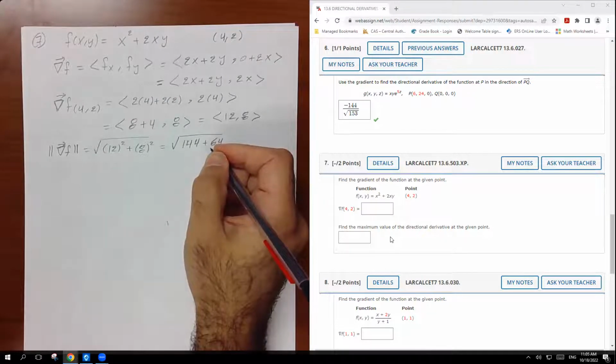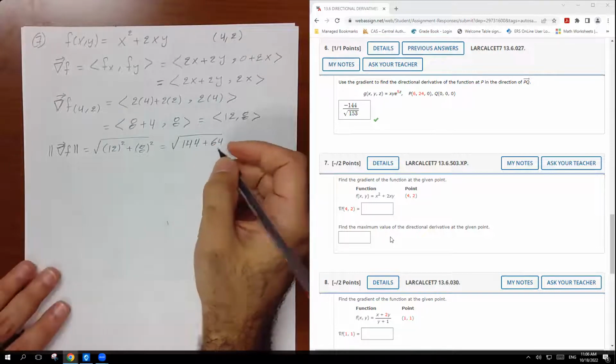And I think we can simplify it. 144 plus 64 is going to be 208.